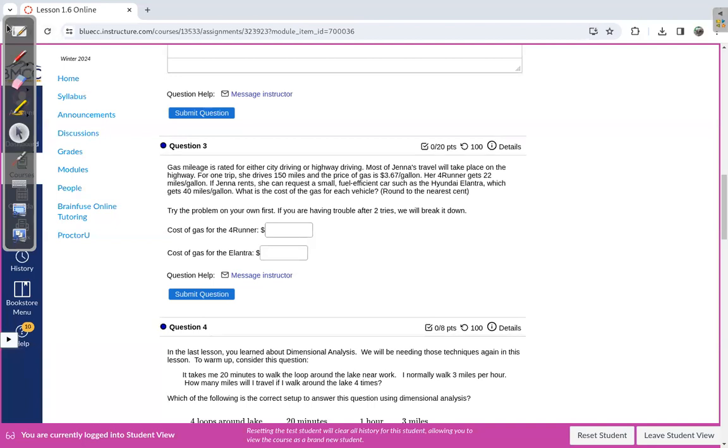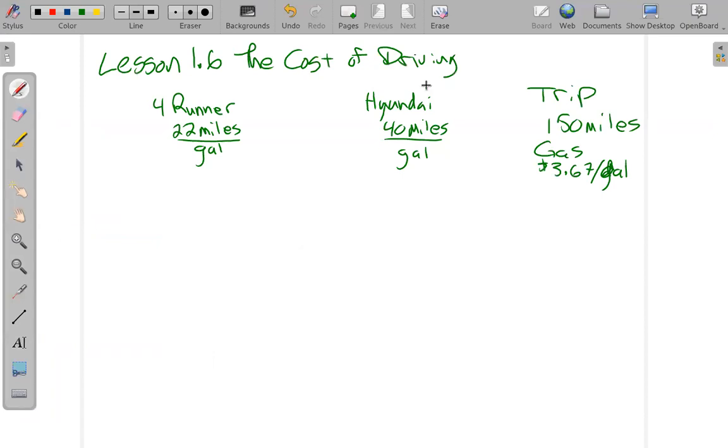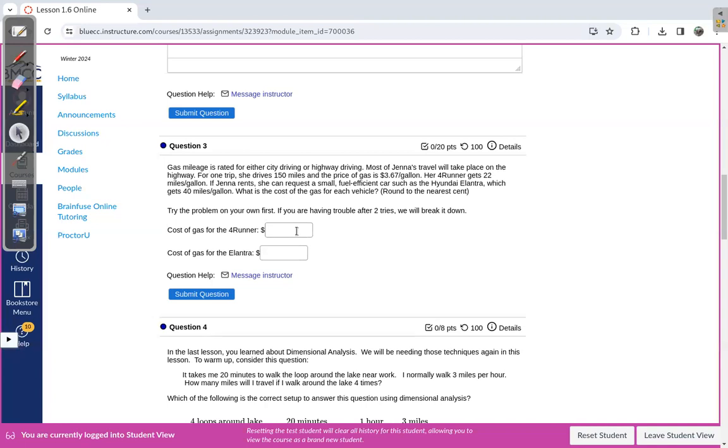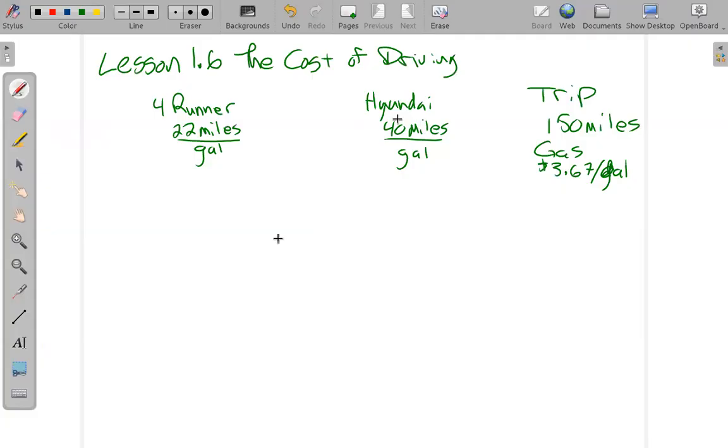Okay. All right, so unit analysis on this, we need to figure out, again, our goal is the cost of gas, just the gas for each. So we want to turn the miles into dollars, and we have miles per gallon, we have dollars per gallon, so the gallon should be relatable there.